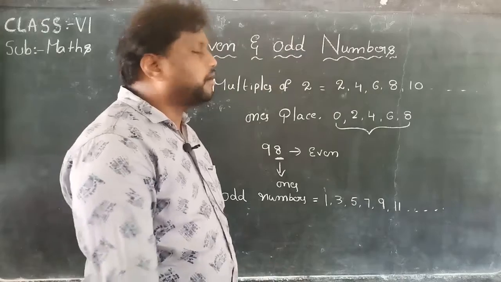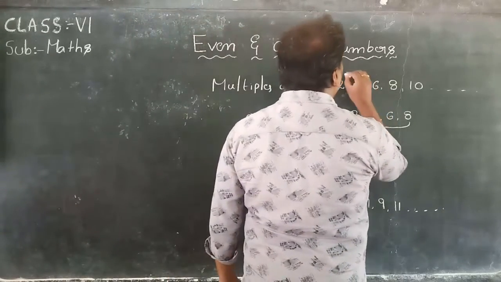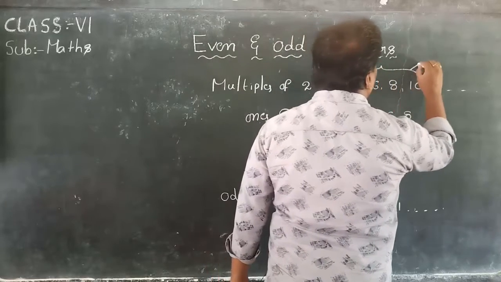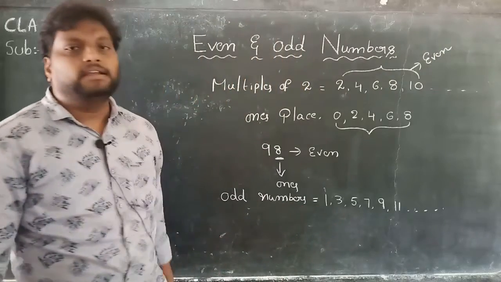These are called odd numbers, and those are called even numbers.